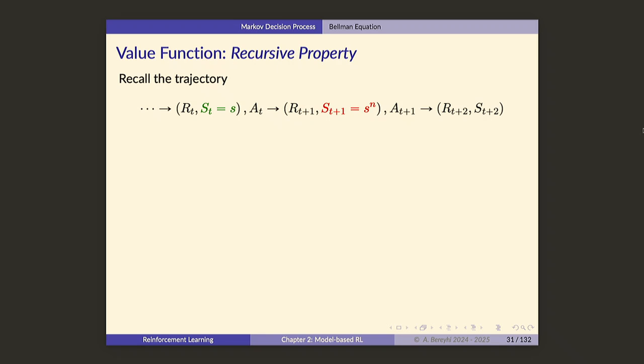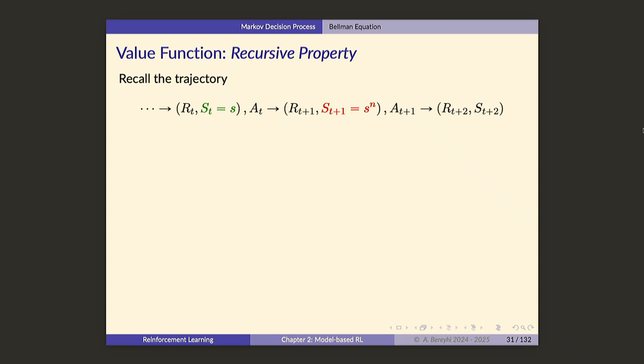For the first guy, I am at time t in state S. I do some action. You don't care. I just jump to the next time step. In the next time step, I'm going to get to state Sn. And then I do some action, and I keep on going, right? And I want to just find out what is the expected future return. If you want to compute that one, the key point here is that you don't care anymore about the previous time, because this is a Markov chain.